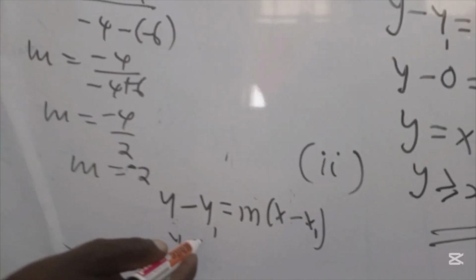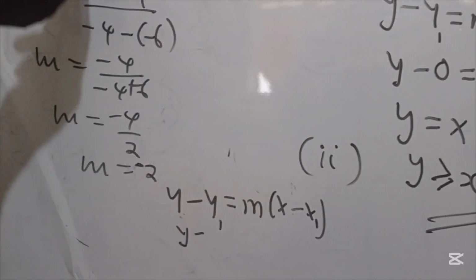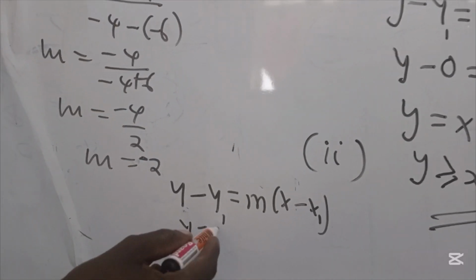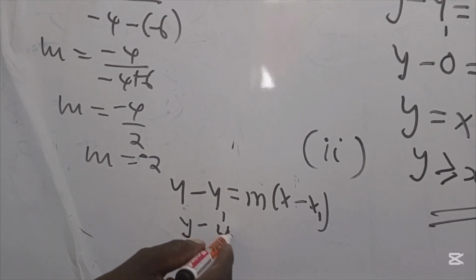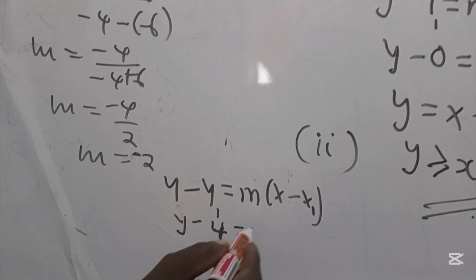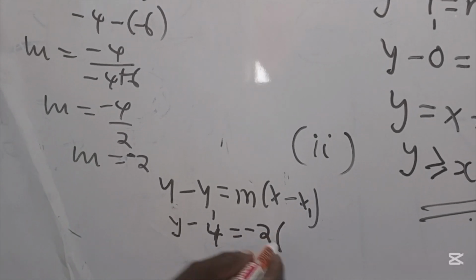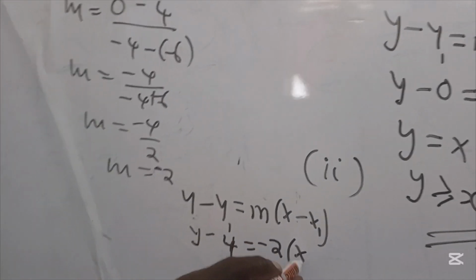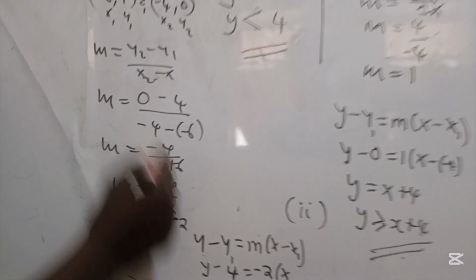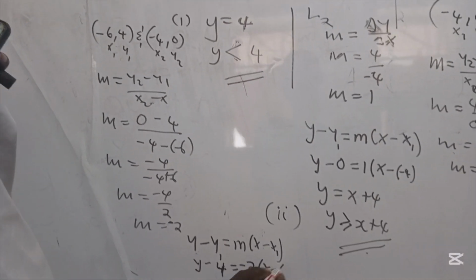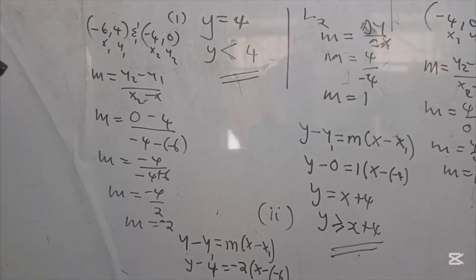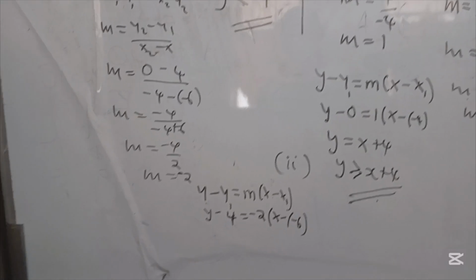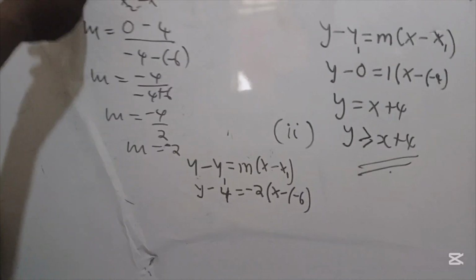My y1, ladies and gentlemen, is 4, equals my gradient, which is negative 2. My x I don't know. My x1 in this case, you are going to agree with me, is negative 6.